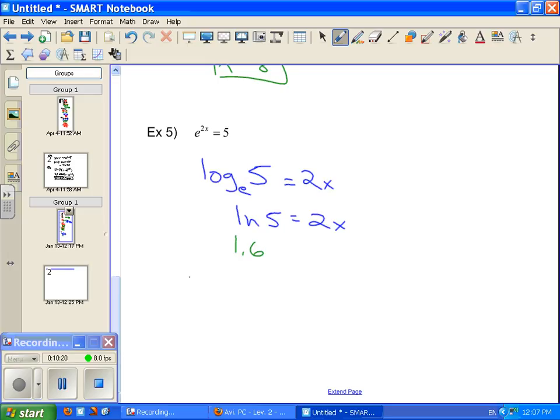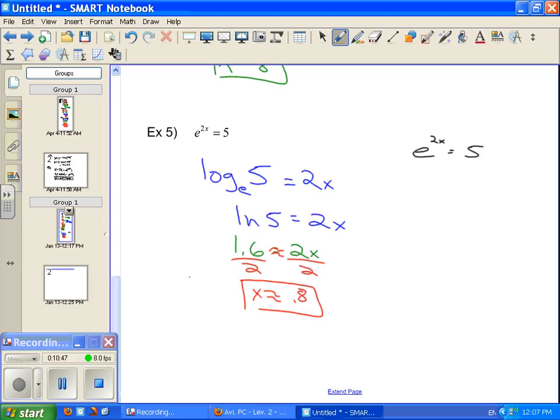Essentially what we're doing here is natural logging both sides, which is what we did last year. I'll show you that step. I think it's what I end up teaching you guys tomorrow. Right, anyways, but so this is 1.6 equals 2x, and then what? X will come out to be approximately 0.8. Okay, so what we were doing last year with a problem like this, we go e to the 2x equals 5.